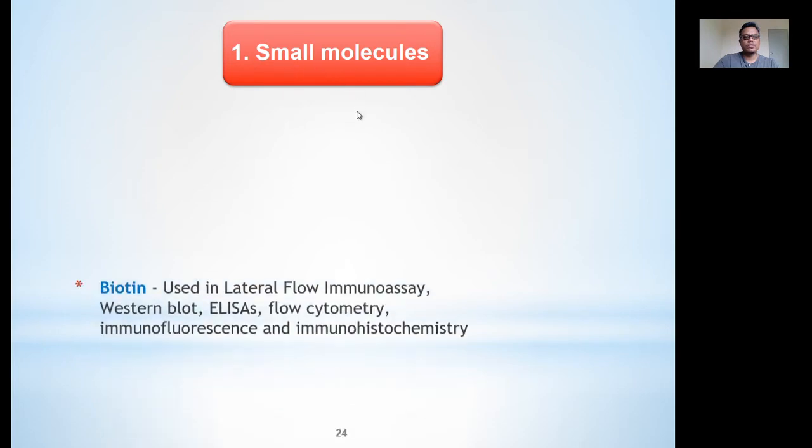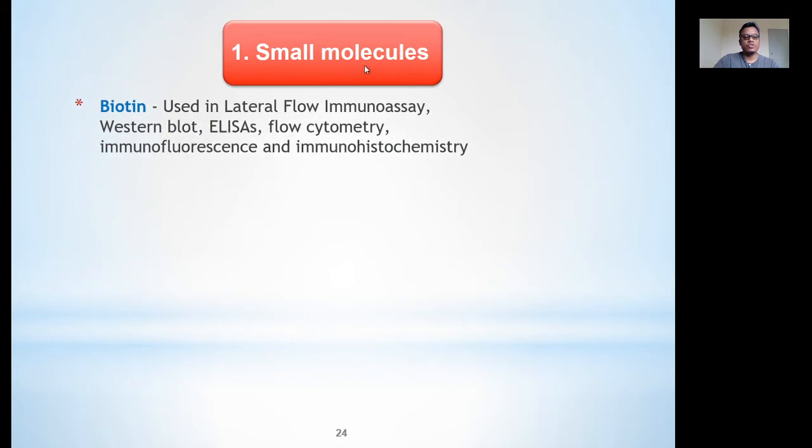First, we look at labels using small molecules. One of the most popular is biotin. Biotin can be used in lateral flow immunoassay, Western blot, ELISA, flow cytometry, immunofluorescence, and also immunohistochemistry methods. Do check out briefly on these types of immunoassays to get the idea of how they work.